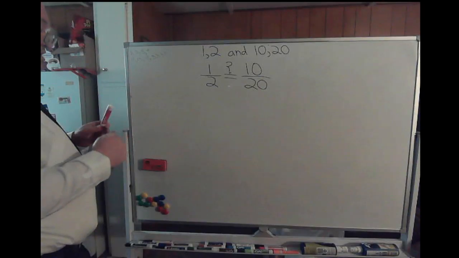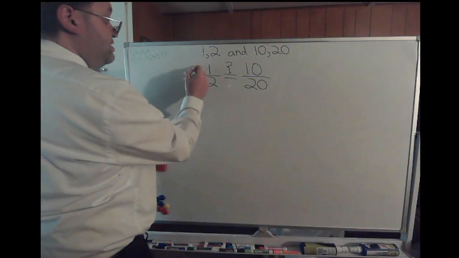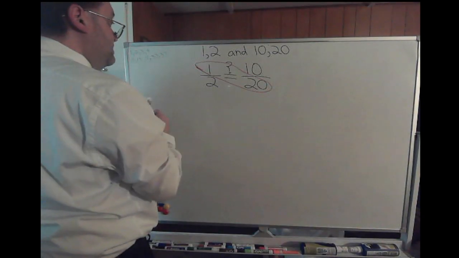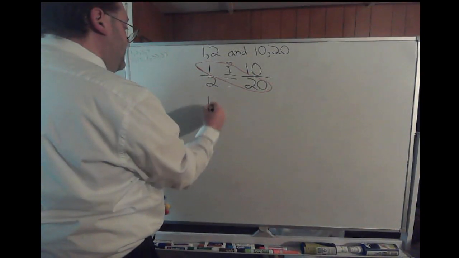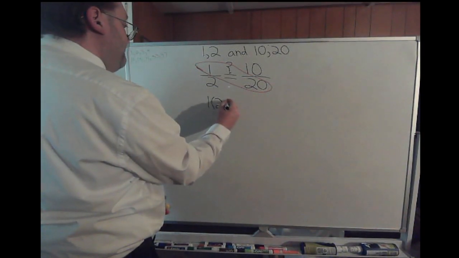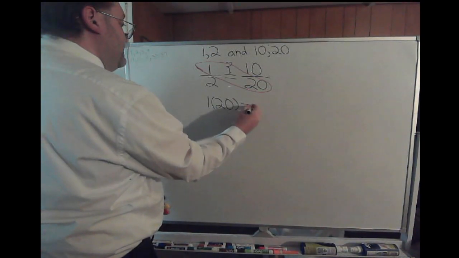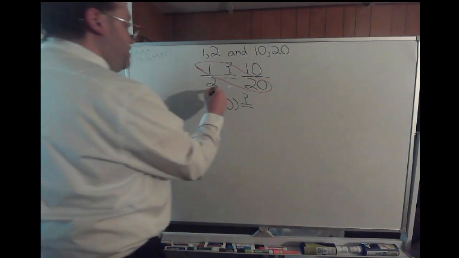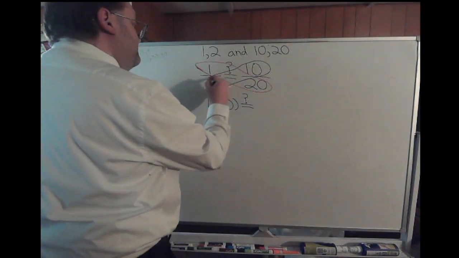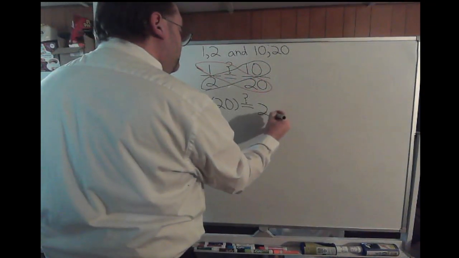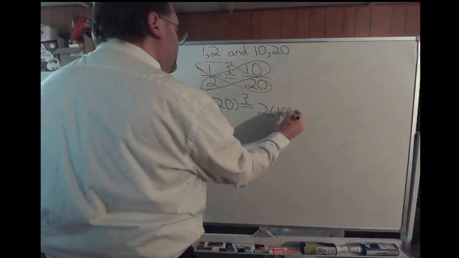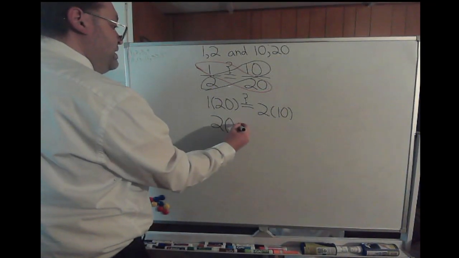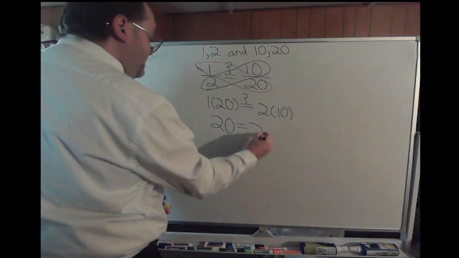Let's find out. We'll take our cross product, so you'll have 1 times 20. Is that equal to the other cross product of 2 times 10? Well, let's see, 1 times 20 is 20, and then 2 times 10 is 20.